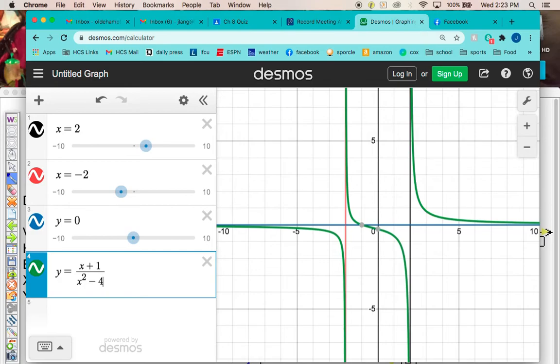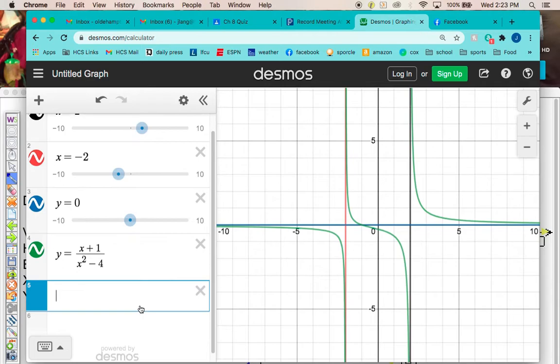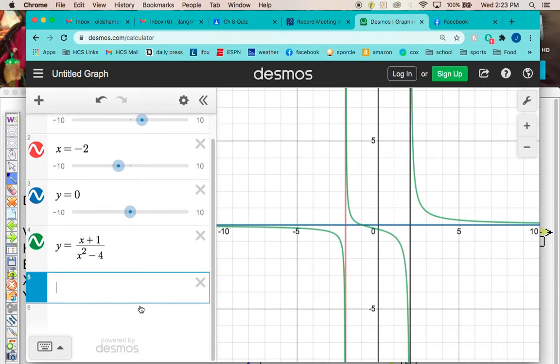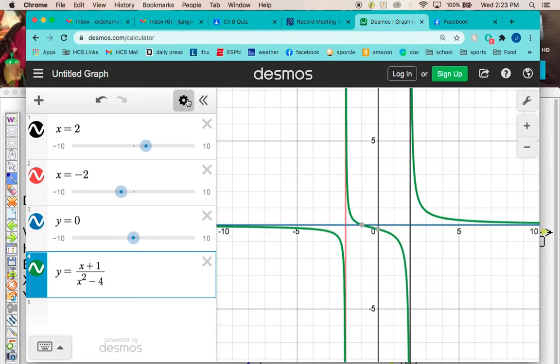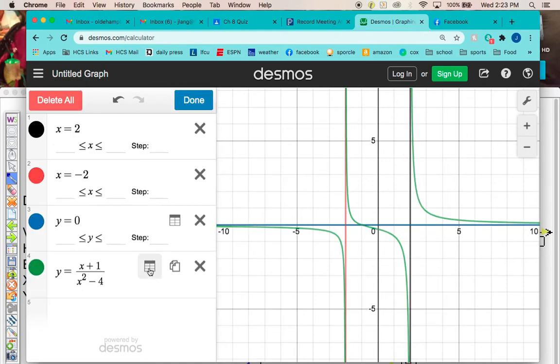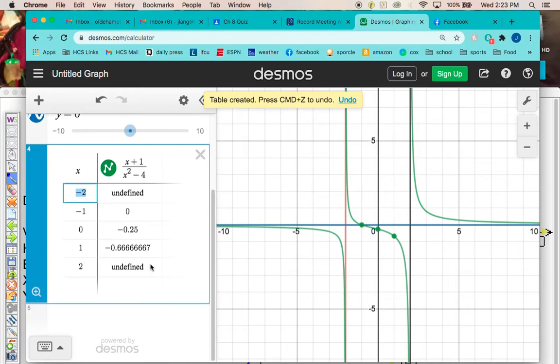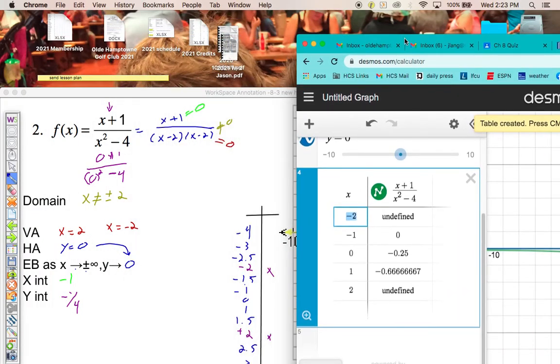All right, if you look at this, it fits in there. But we're just not going to copy that. I want some good values. So I'm going to get rid of that. From here, I'm going to hit the cog. I'm going to make a table.